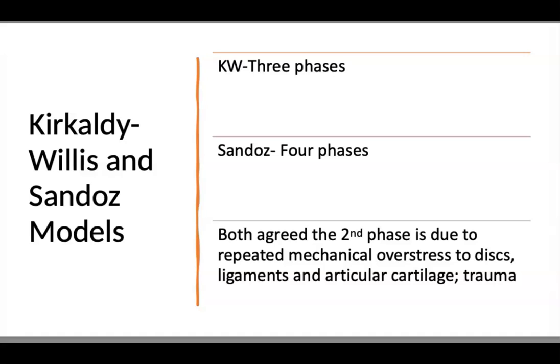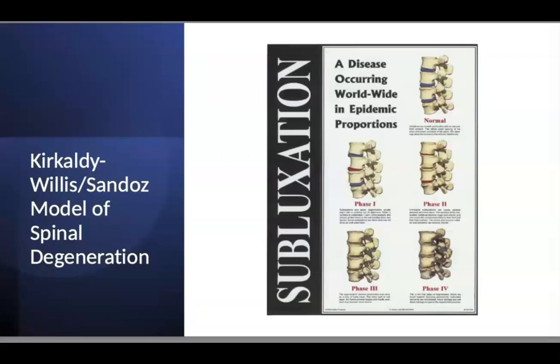So although we have different models, we can both agree that that progressive overload over time within those second phases leads to compensation for bony overgrowth, restricting our motion, things of that nature.